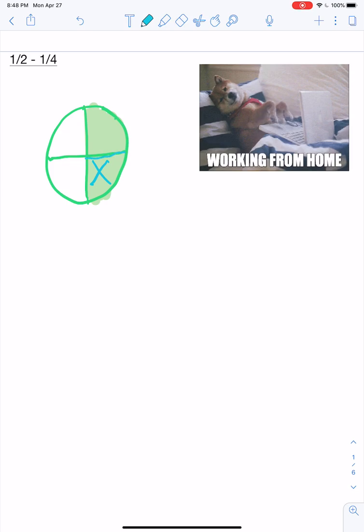So removing this quarter, let's say here. And then highlighting what remained, which is 1/4.